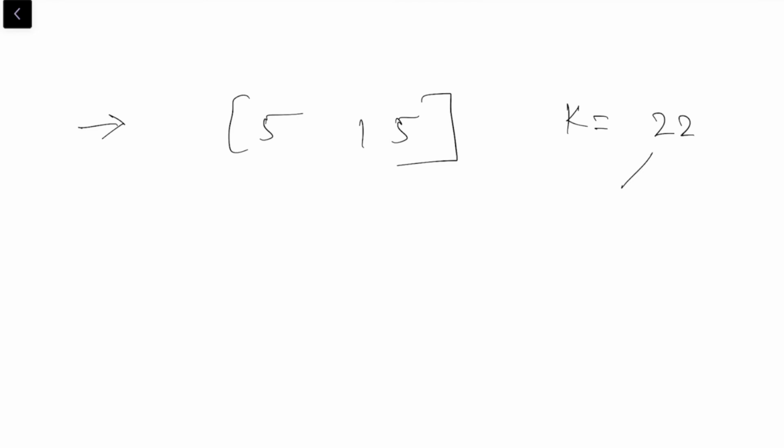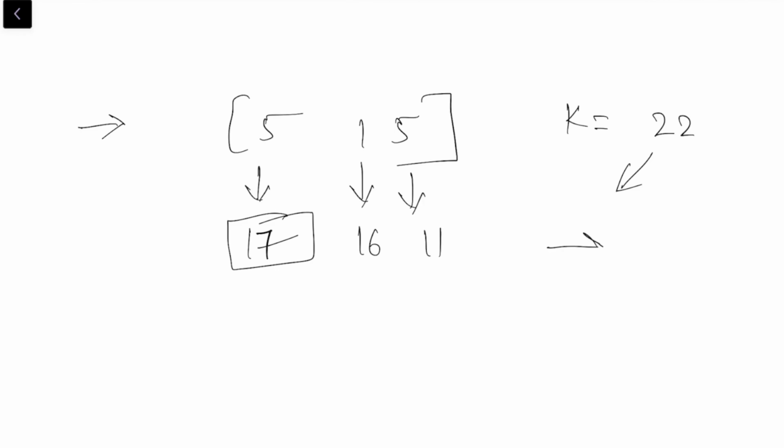Let's see the intuition. If you see, for 22, for the first student, 22 minus 5 is 17, so 17 pieces of chalk are left. For the second, it becomes 16. For the third, it becomes 11. So at the first round, it has become 11.